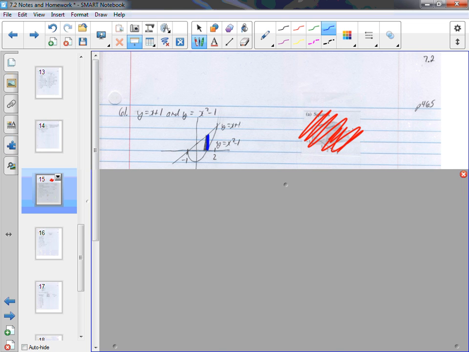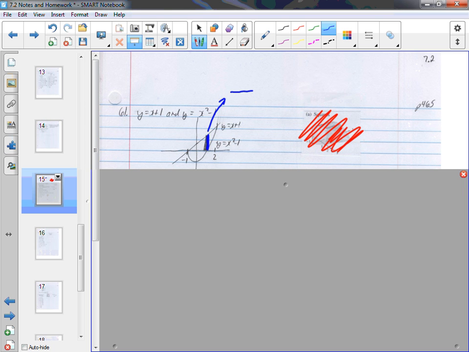Now, for part A, the cross sections are squares. So that means if I take that little blue segment off of that graph, I can just redraw it right there. That little blue segment is a side of a square, isn't it? Since they tell me the cross sections are squares.